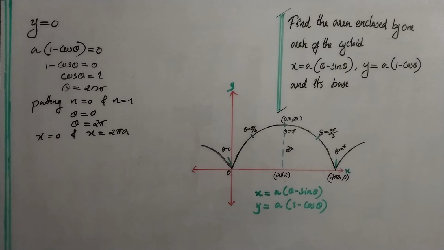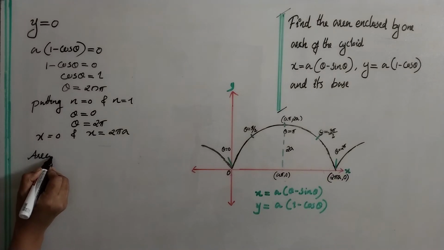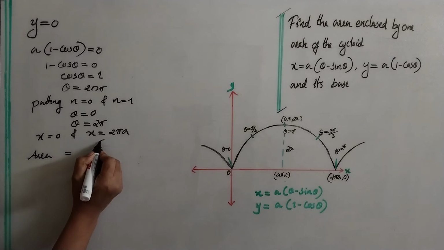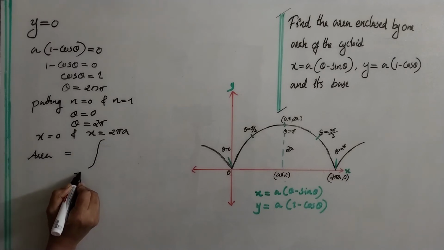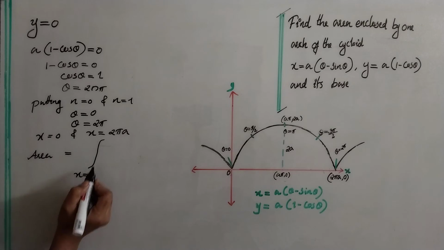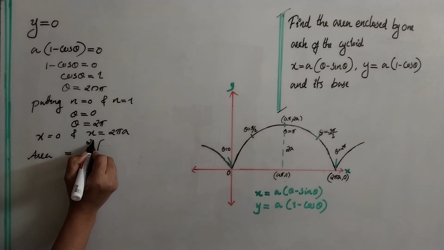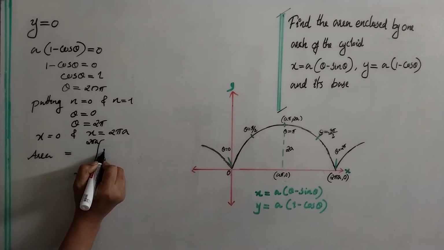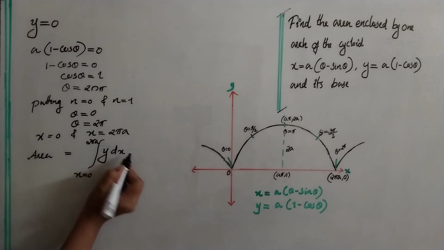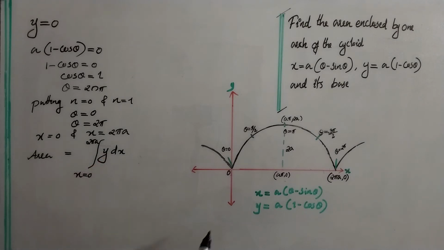Now the required area is equal to the integral from x equal to 0 to x equal to 2 pi a of y dx. And here the equation is given in parametric coordinates.